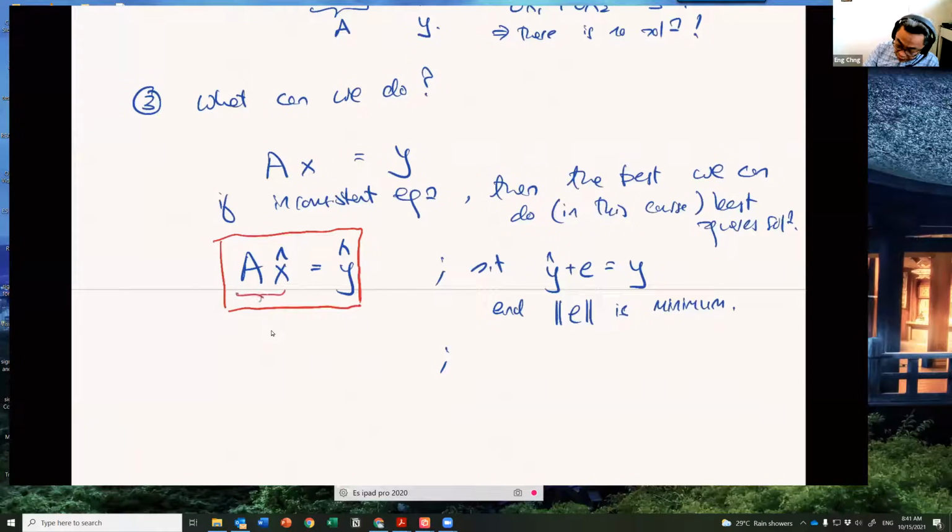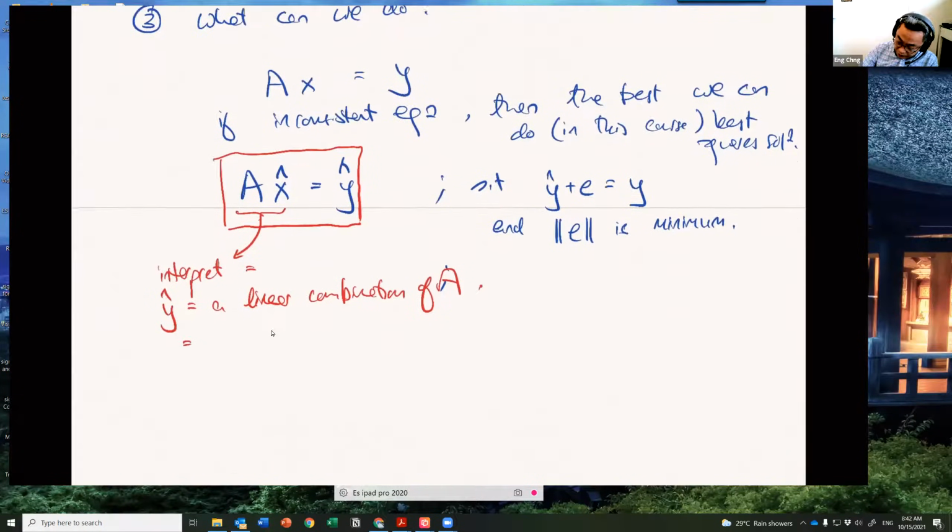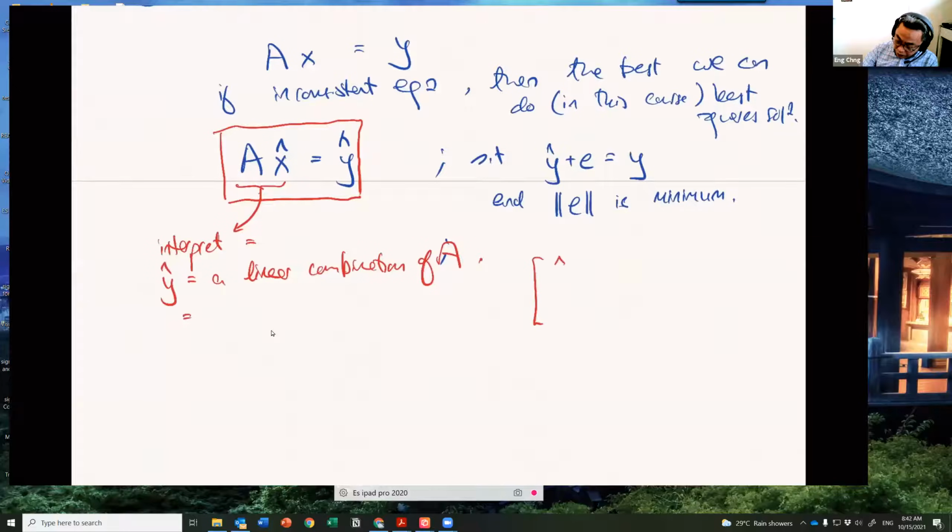Please interpret this carefully. This says y hat is a linear combination of A's columns. If you look at the algebra, let's call the columns u1 and u2.